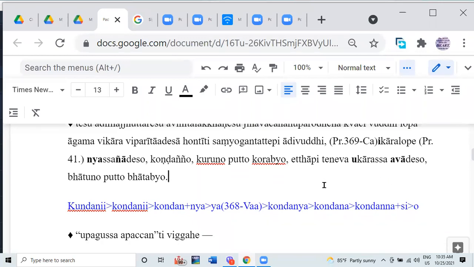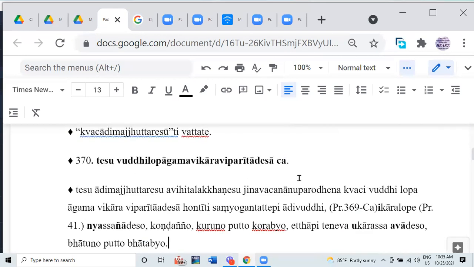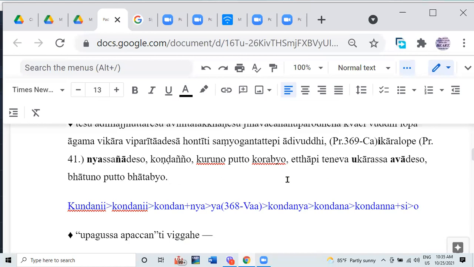Awasari. Here, not by that sutra, but by this sutra, the U of Kuru changes to Awa. So not Ku, the U of Ru of Kuru changes to Awa.